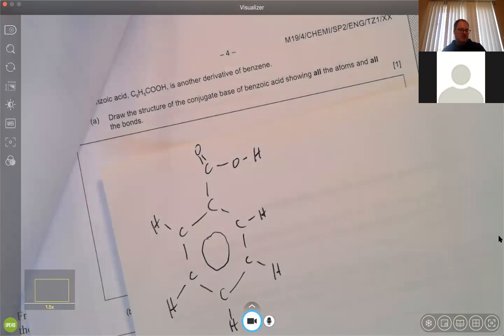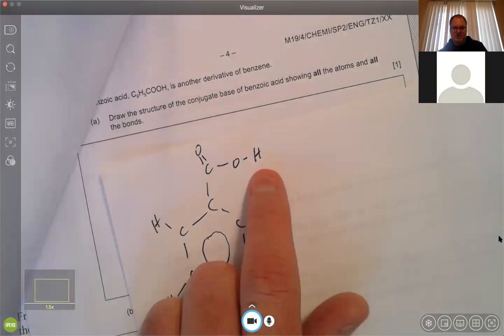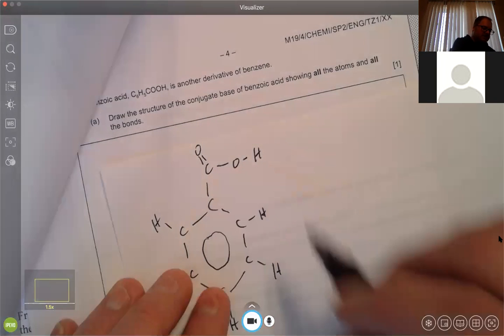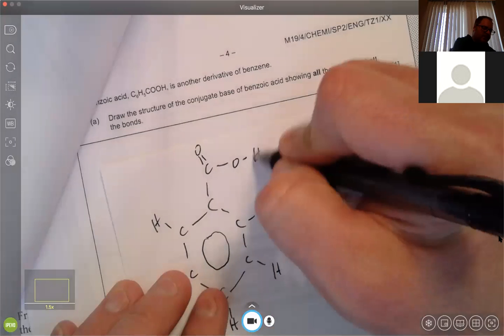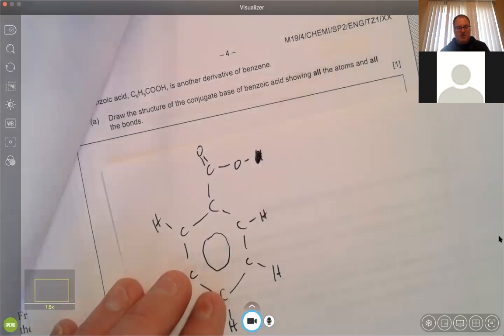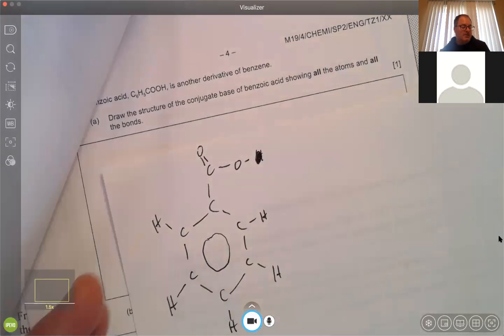So which H is going to be lost here? Well, with an acid that's not a halogenic acid like HF, if it's H2SO4, the H's that are lost are always H's that are connected to the O's. So instead of writing this one here, that's the one that can be taken off.